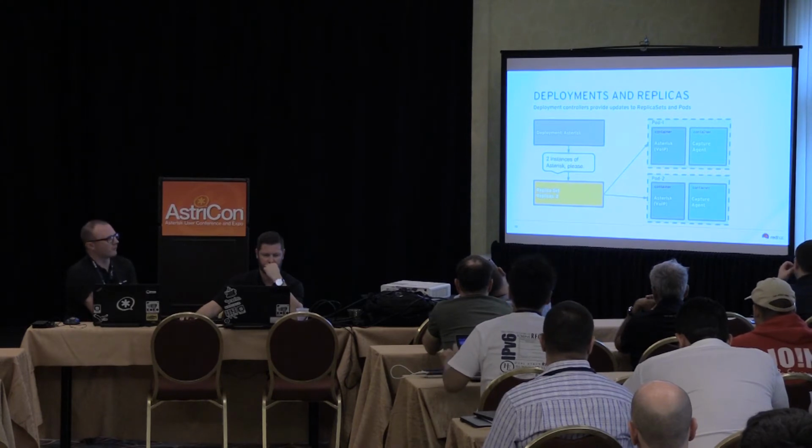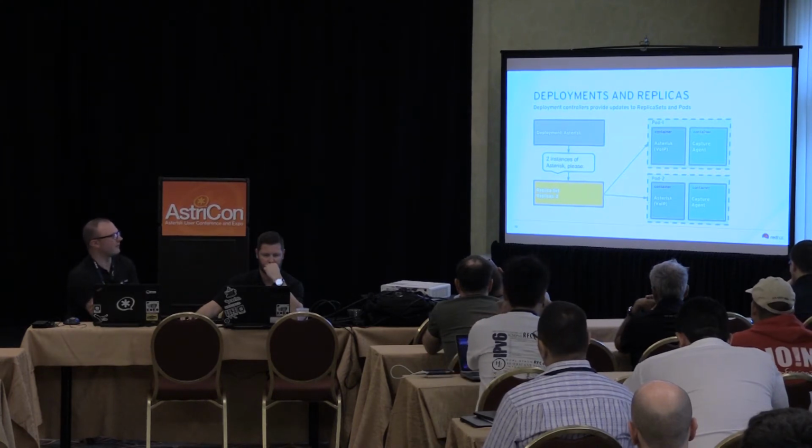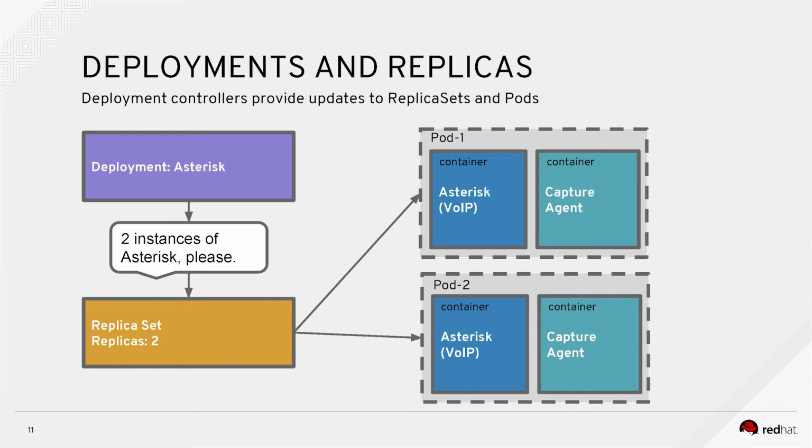One of the remixes of the idea of a pod is a deployment and a replica set. This is something that we can use to scale those pods. When I create a deployment, I can say I need n number of instances, and it's going to create a replica set. So the deployment abstracts the replica set, which then creates multiple pods.